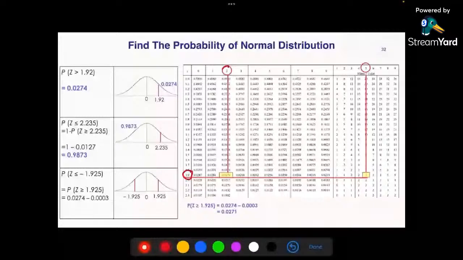Kalau ada melibatkan in between. The value of probability P(Z) is between 1 dengan 2. Contohnya macam ini. Okay. Between 1 and 2. So 1 and 2 sebenarnya dia akan mengambil area between here, dekat tengah-tengah sini. Okay, both are dekat same side yang sama.